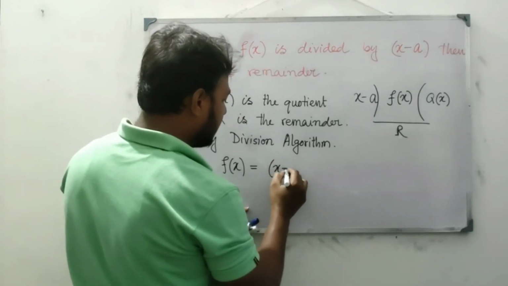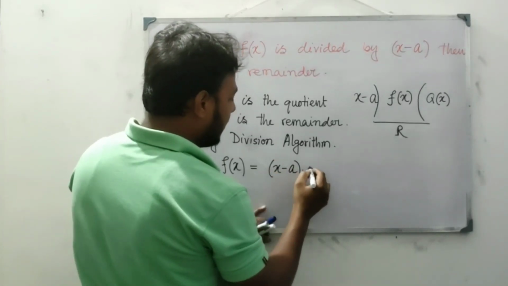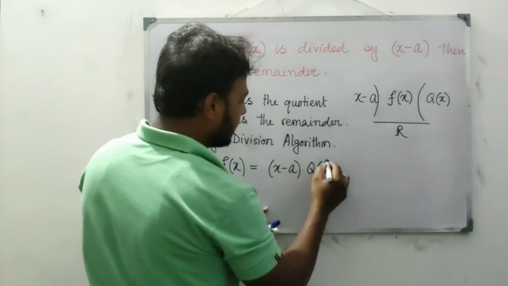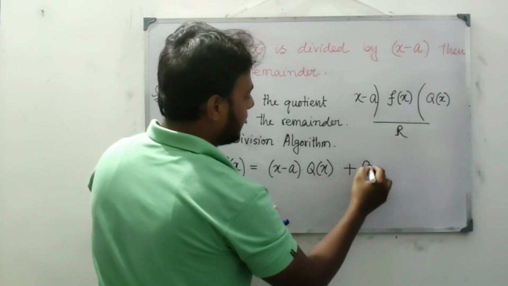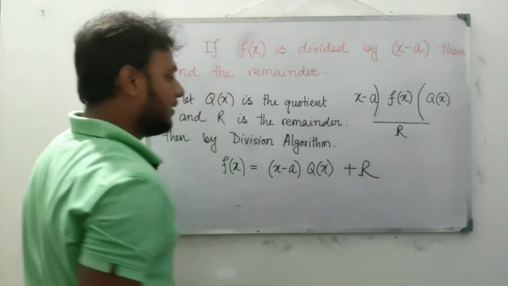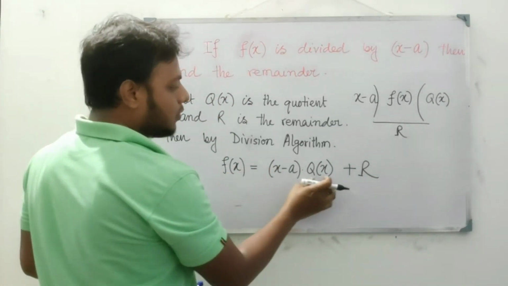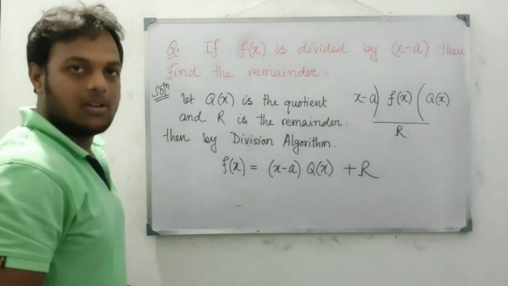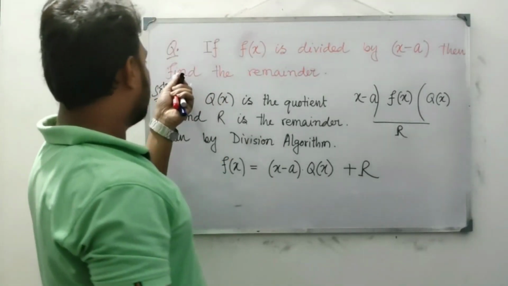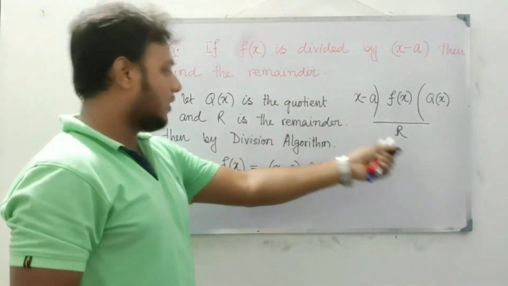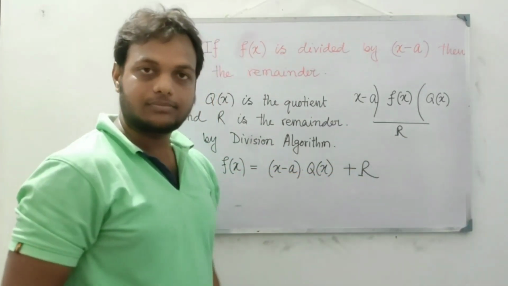Here the divisor means x minus a and the quotient is q(x), plus r. Is it? Dividend equals divisor into quotient plus remainder. What is our target? Our target is to calculate the remainder. That means we have to calculate r.